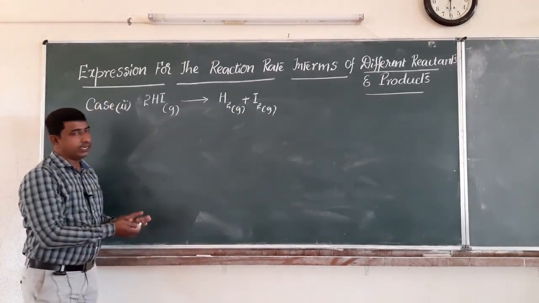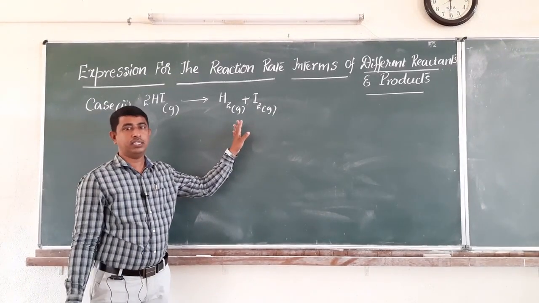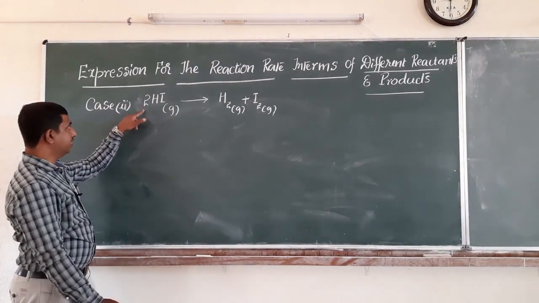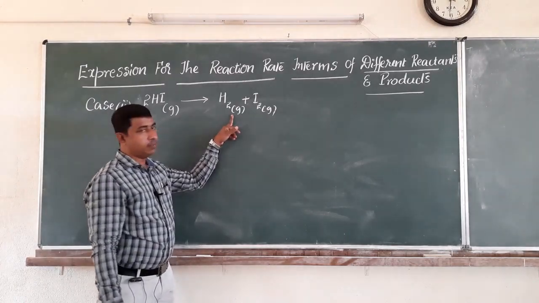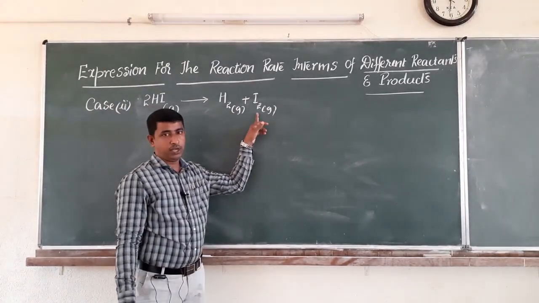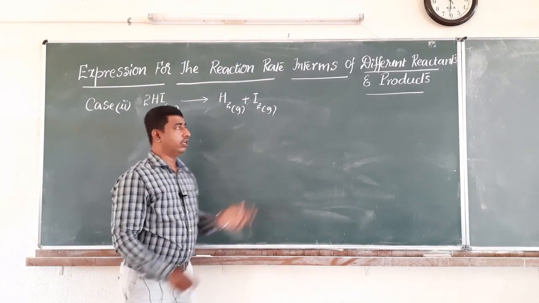Here, the stoichiometric coefficients of reactants and products are not the same or not equal. Now HI is the reactant, its stoichiometric coefficient is 2. H2 is the product, its stoichiometric coefficient is 1. I2 is the product, its stoichiometric coefficient is also equal to 1 only.